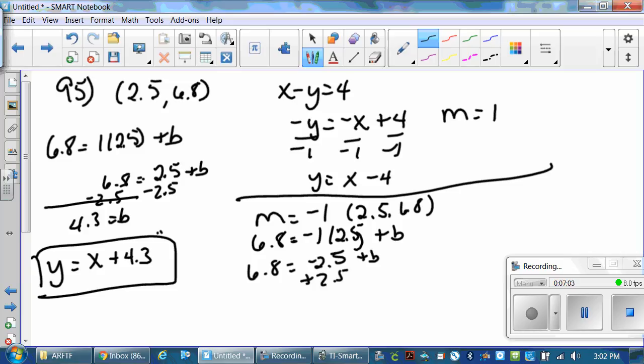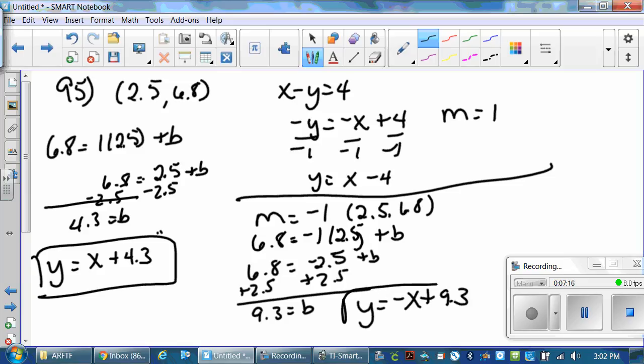Add 2.5 to both sides, and you get b is 9.3. So the perpendicular line is y equals -x, or -1x if you want to write that, plus 9.3.